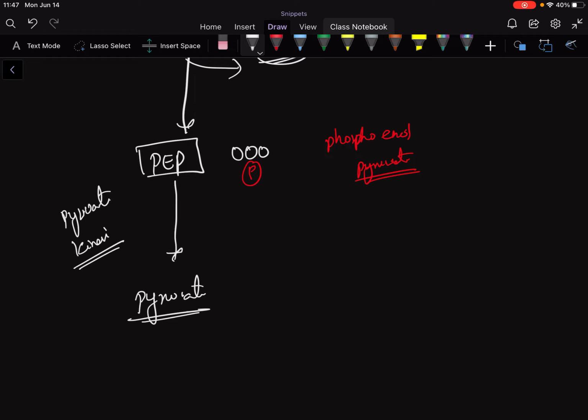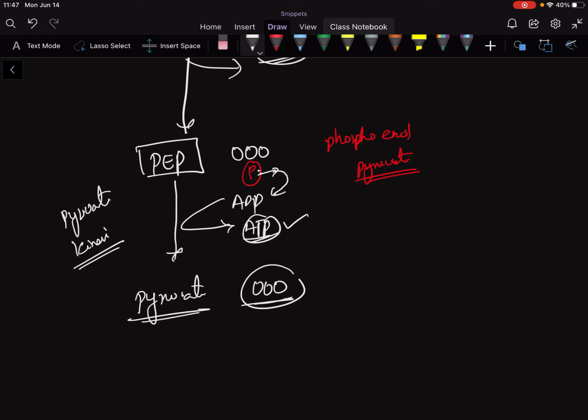So what it is doing here, a phosphate is being added to ADP. As you can see, this phosphate is being added to the ADP, and ADP is converted into ATP, and finally we will be seeing a 3-carbon compound without any phosphate. This is called pyruvate.